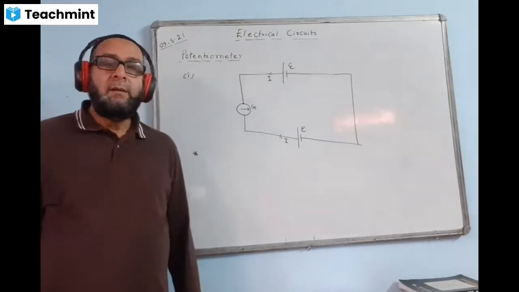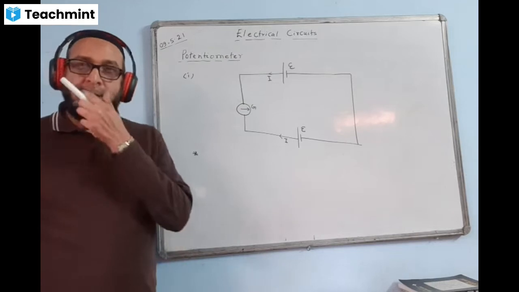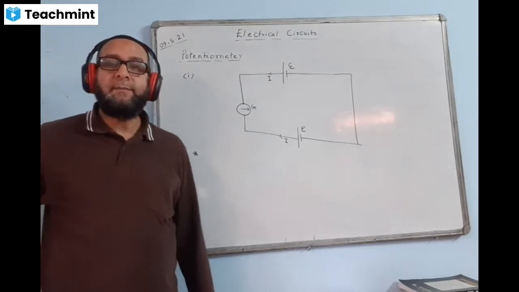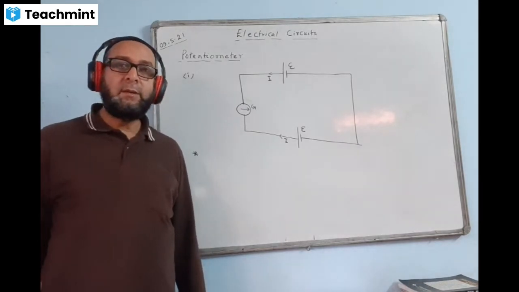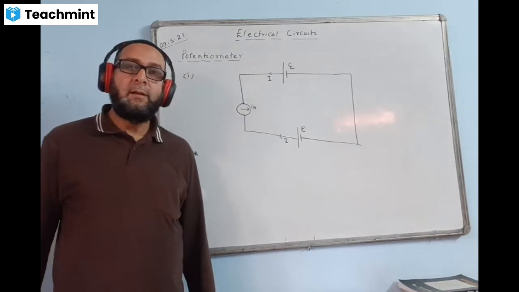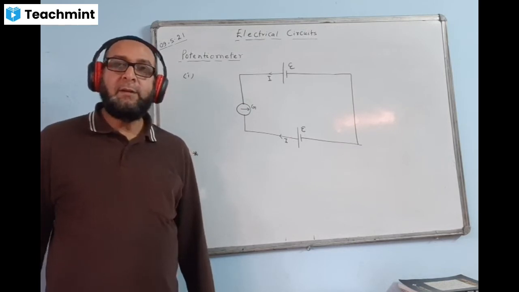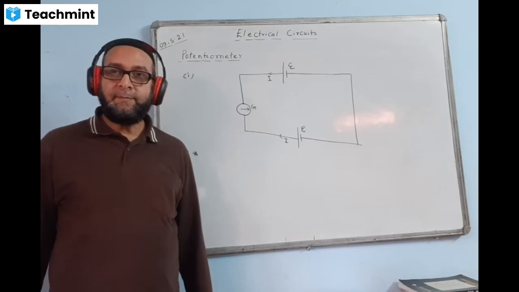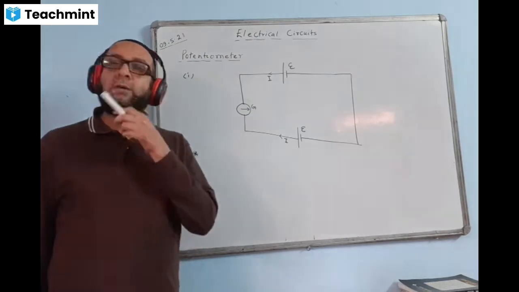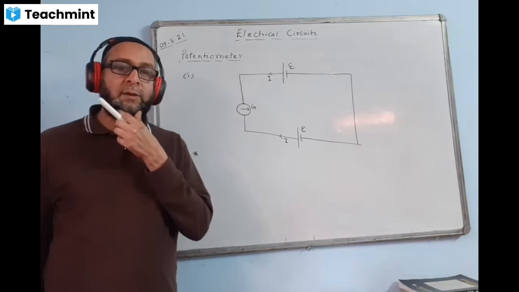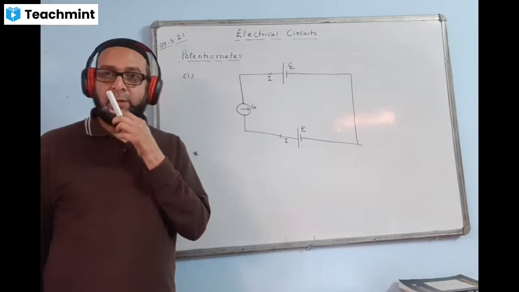Please write: a potentiometer is preferred to a voltmeter in measuring the EMF of a cell, because it works on the null deflection method.